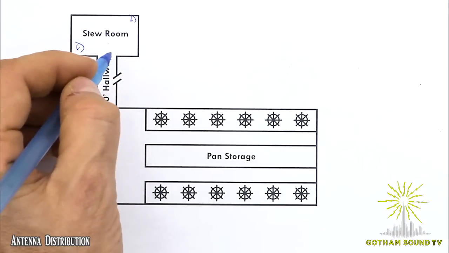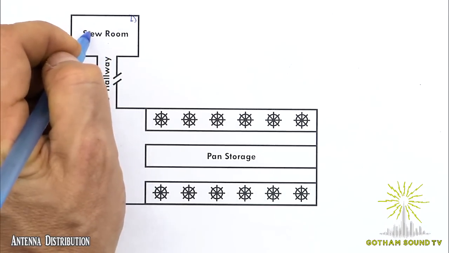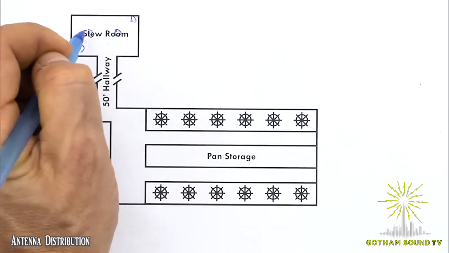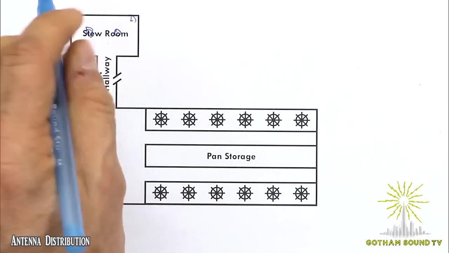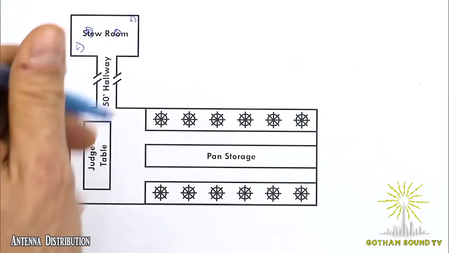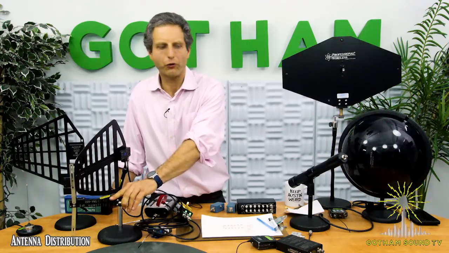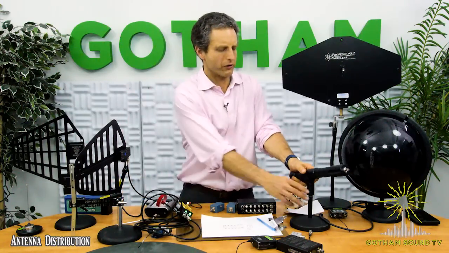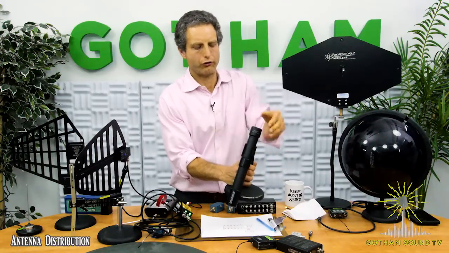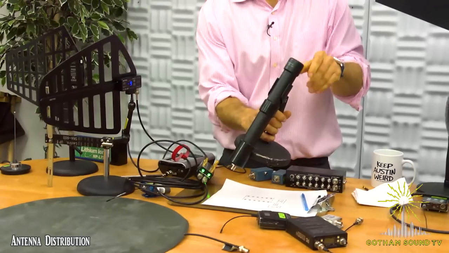I might put them in opposite quarters. I might put them here. I really have to see what's in the stew room and where people are congregating. That's where we can cut out to these folding dipoles, or also, I hate this term, but they're the Shure pipe bomb, they're wideband antennas.